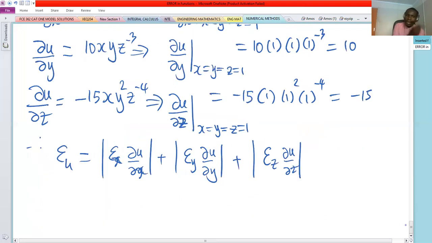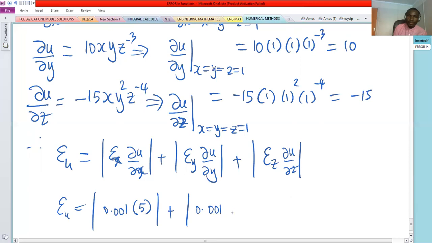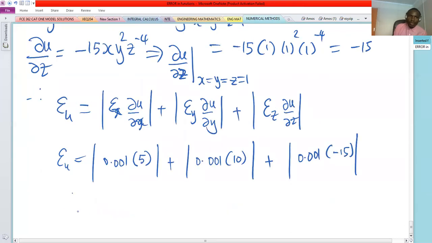All of them, error in x, error in y, error in z, are 0.001. So the error in u will be 0.001 times 5, plus 0.001 times 10, plus 0.001 times 15.